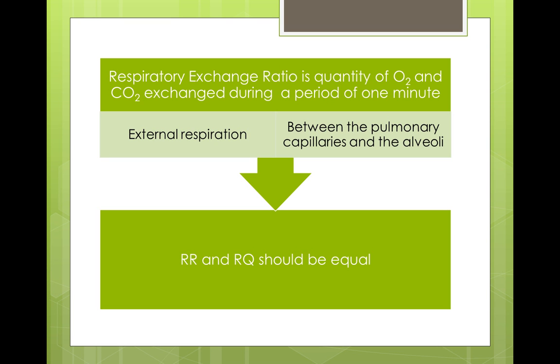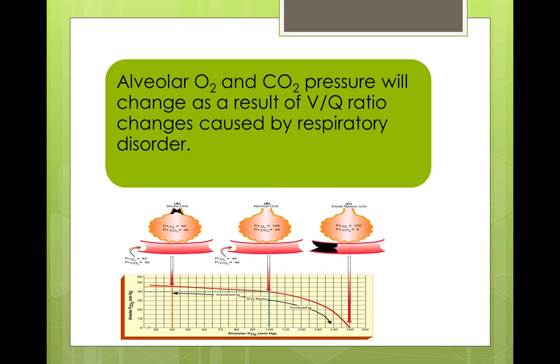So RR, respiratory exchange ratio, and RQ should be equal. How much we're exchanging should equal how much we're consuming and producing. So alveolar oxygen and CO2 pressure will change as a result of VQ ratio. Again, RQ and VQ equal each other under normal circumstances. So a change in that will change how much oxygen we consume and CO2 we produce.